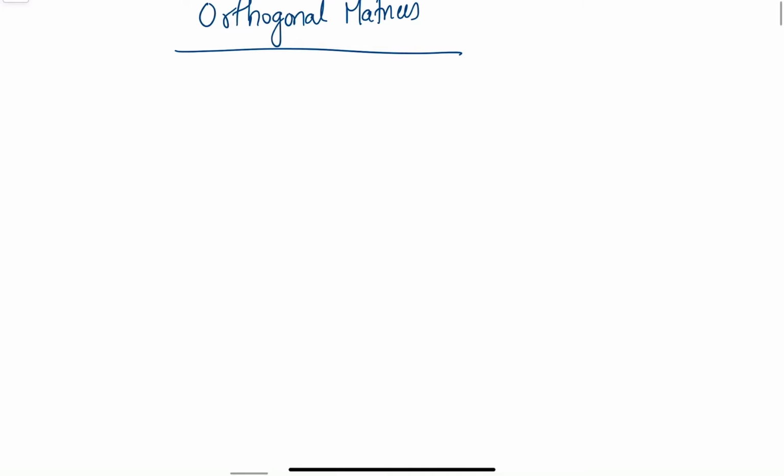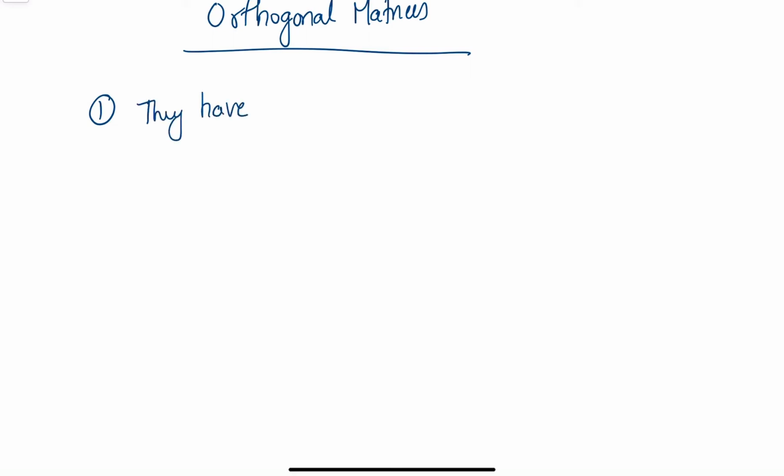So we have the topic orthogonal matrices. When we talk about orthogonal matrices, the first thing that is important to understand is that they have orthogonal vectors.